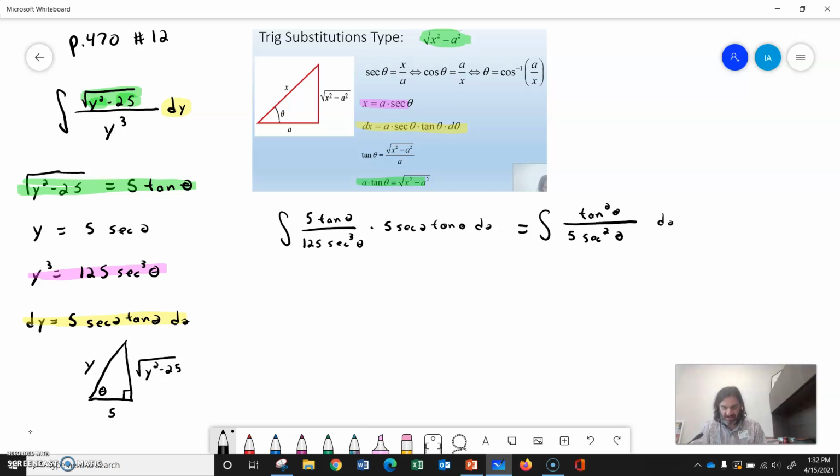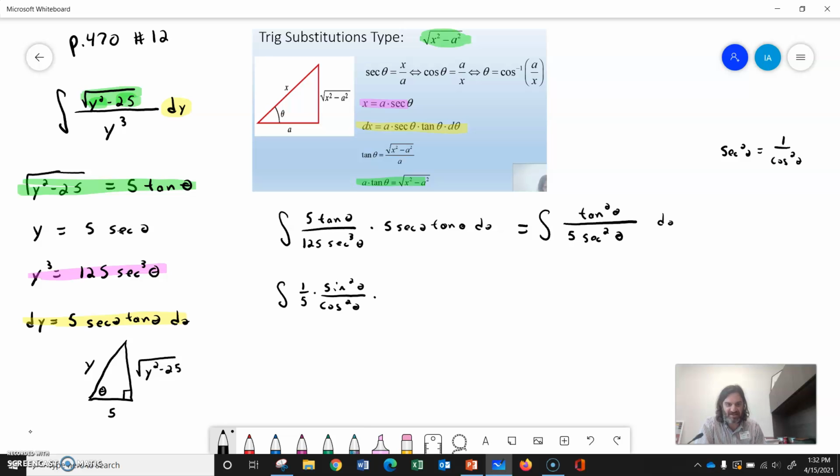I think we probably need to work on this by changing everything to sine and cosine. So let's just put the 1/5 out front. So tangent squared would be sine squared over cosine squared. And we're going to divide it by secant squared, which is 1 over cosine squared.